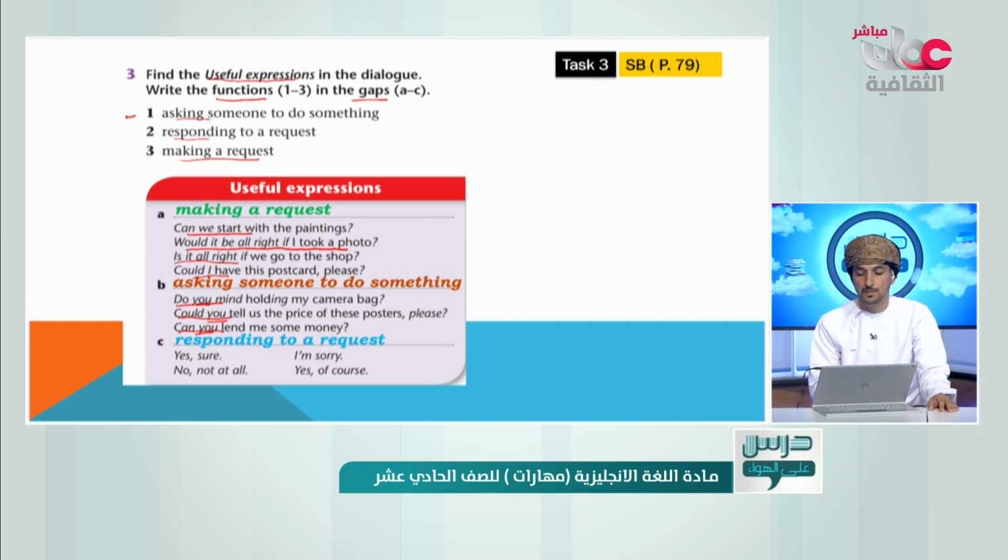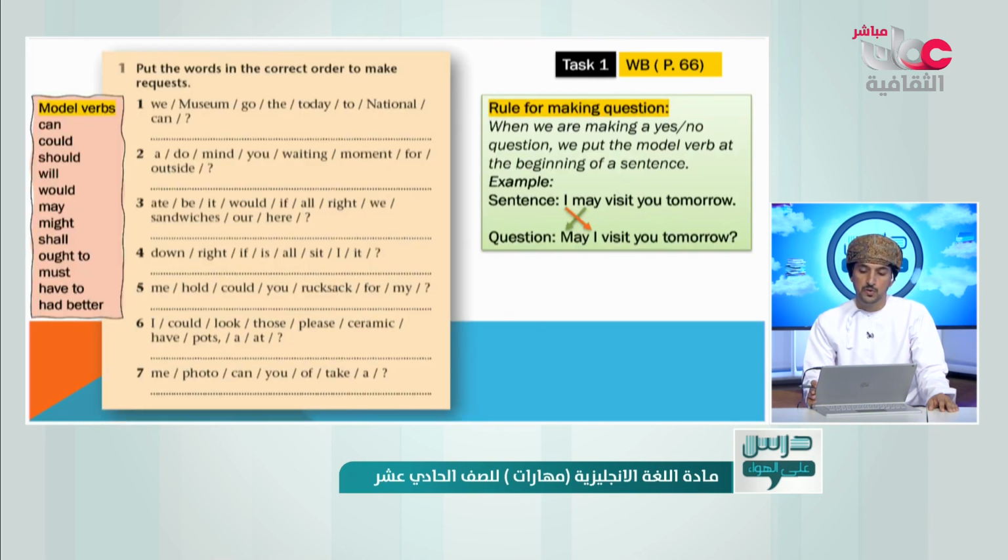Now let us move to this question, task number 1. I want you to open your workbook, page number 66. Here is a short question about how to make a question using modal verbs. What are the modal verbs first?